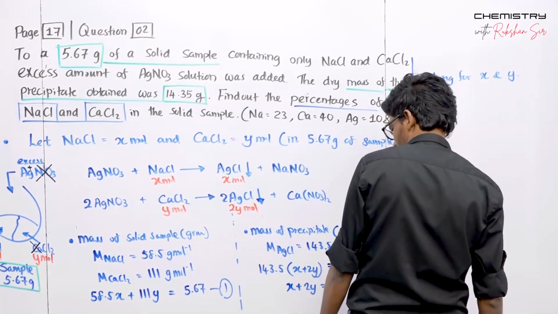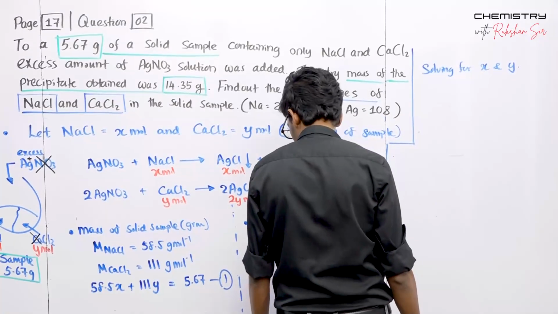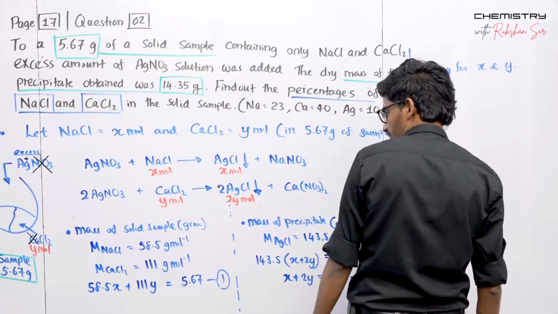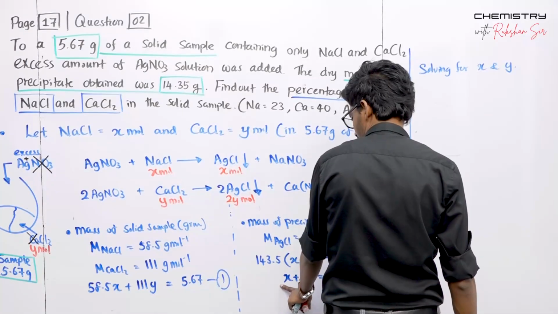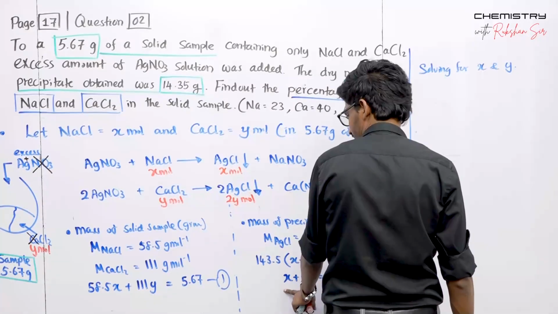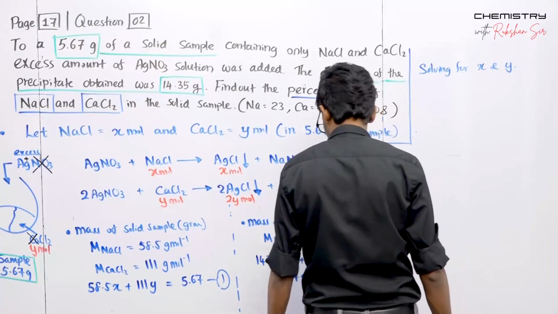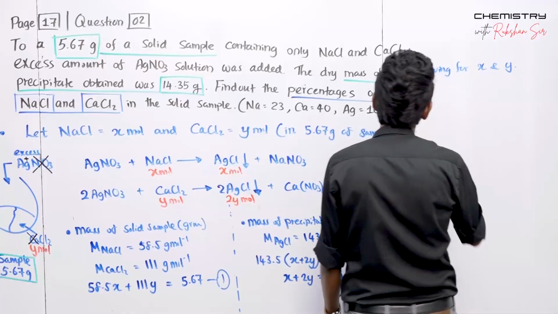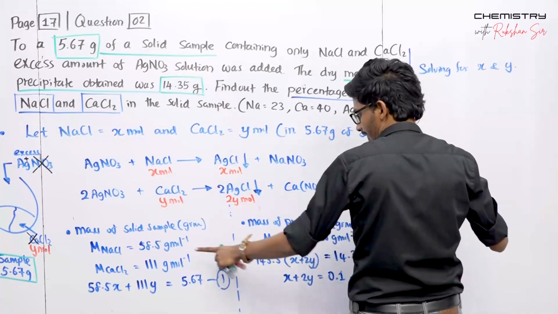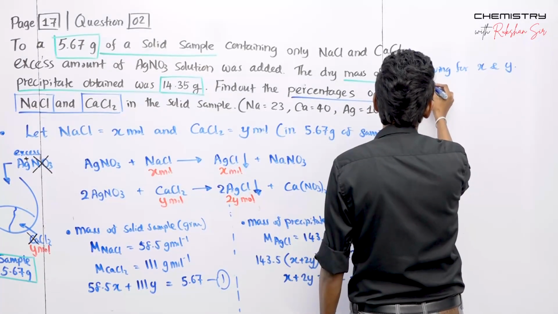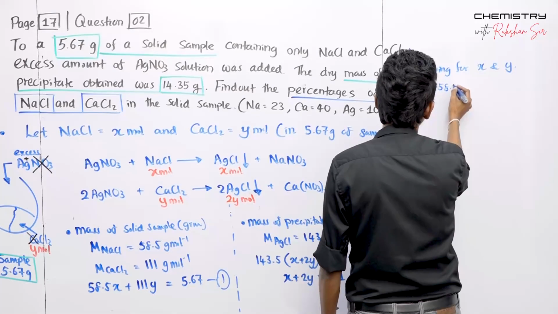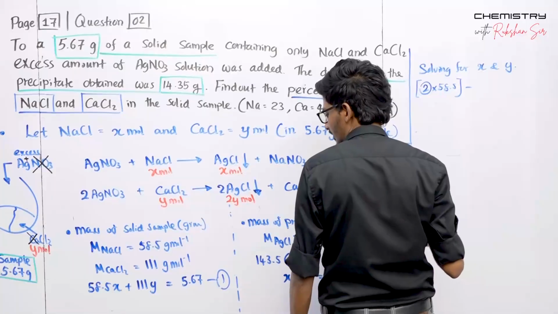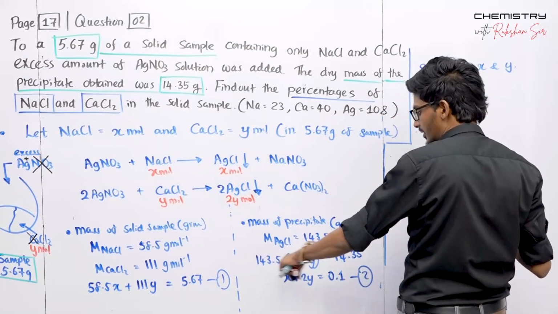So what we can do, let's multiply this second one by 58.5, and minus the first one. That will get rid of X, right? What I'm doing is just multiplying the second equation by 58.5 to get rid of X, and the first equation will be deducted by the second one, right?